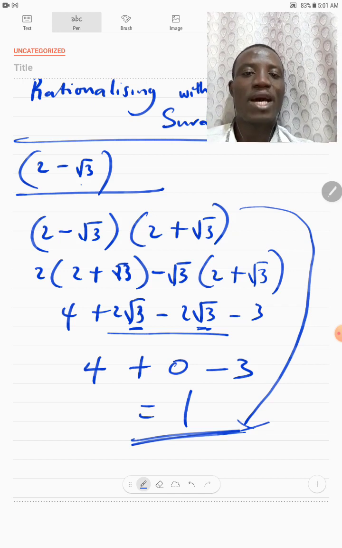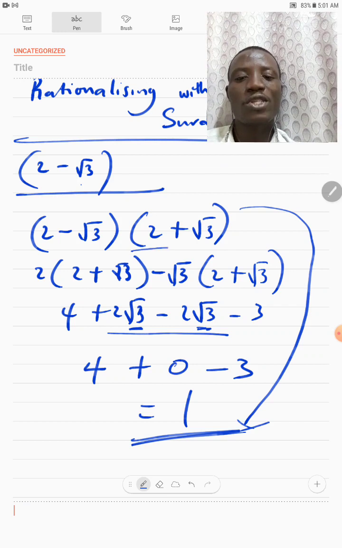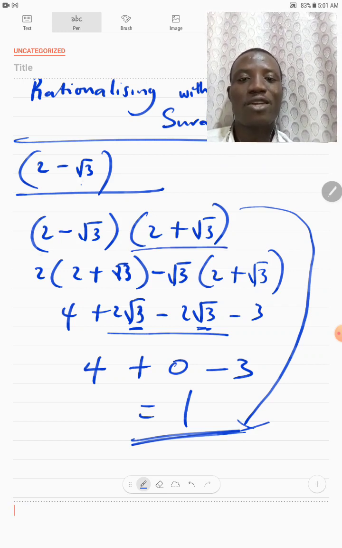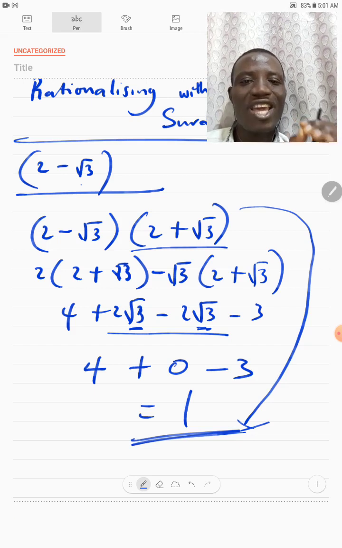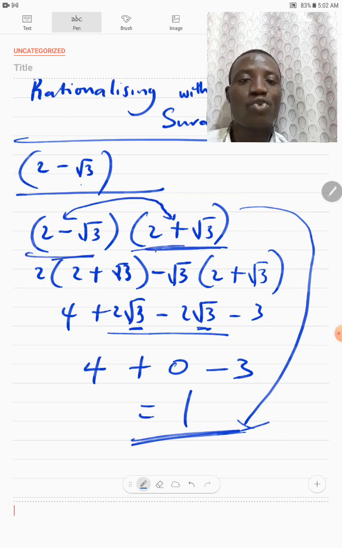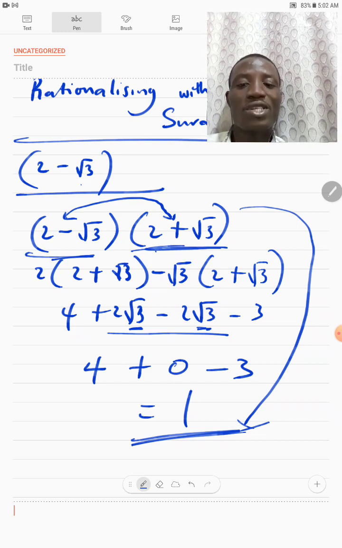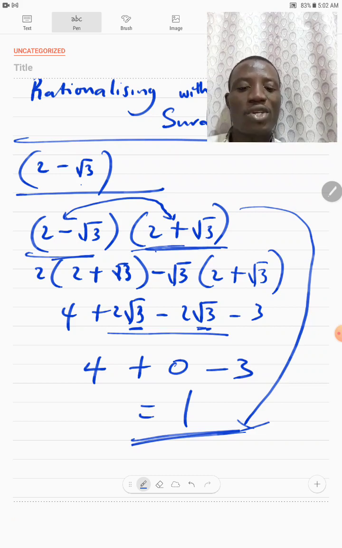Now, if you observe what we use to multiply this 2 minus root 3 so that it will become a rational number, it's almost the same as 2 minus root 3. The only thing that is different between the two of them is their sign. While this is minus, this one is what? Plus. Because this one with plus is the only one that can turn the one with minus to a rational number.